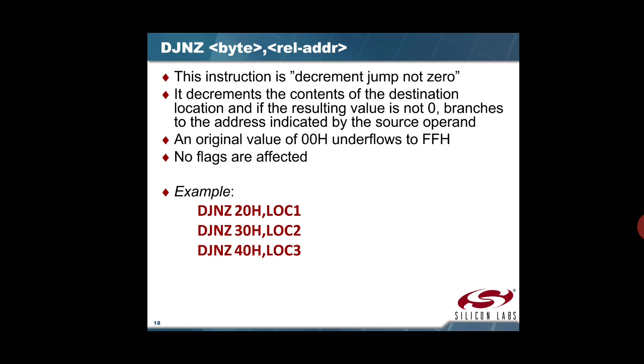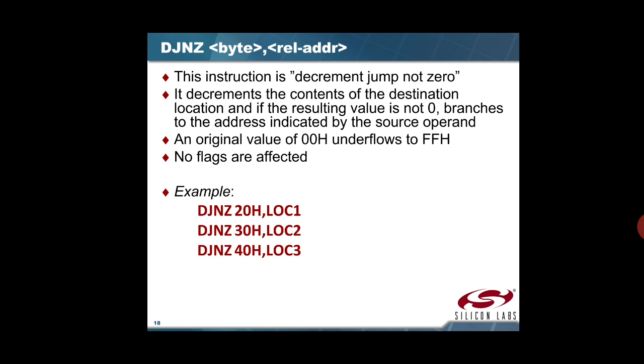An original value of 00 underflows to FFH, and no flags are affected. Now the example: DJNZ 20H comma LOC1 means the content of 20H will be decremented by 1. If it is not 0, go to the location called LOC1.